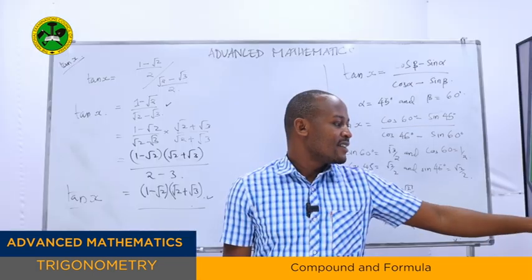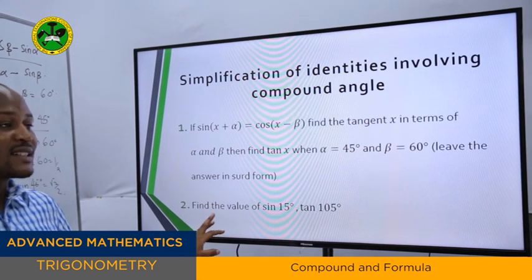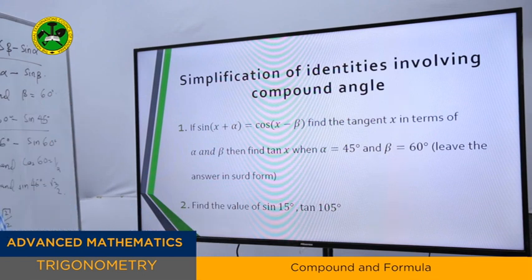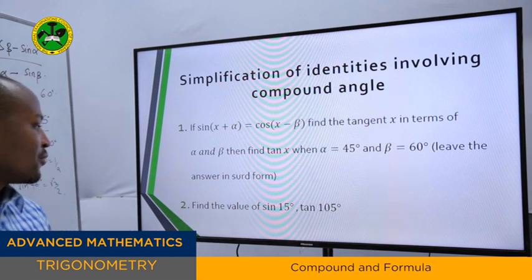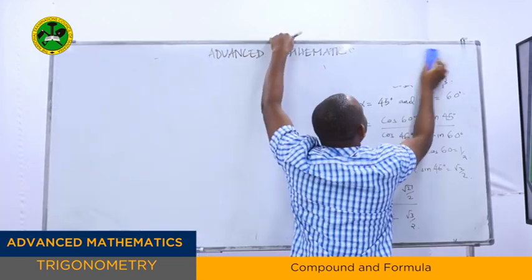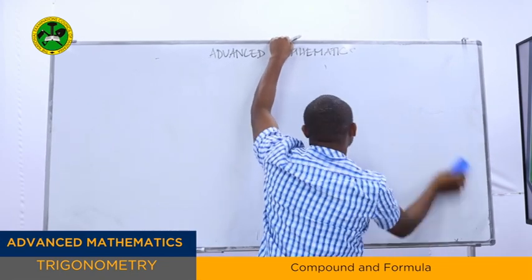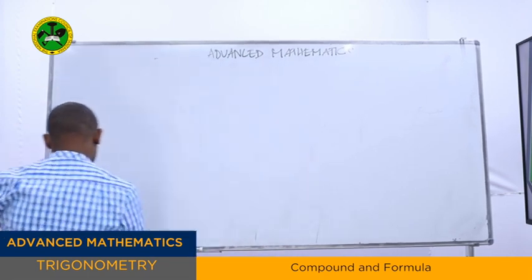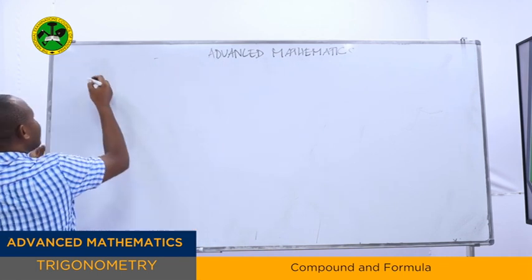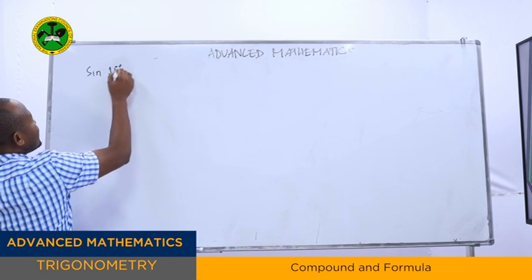As it says, find the value of sine 15, tan 105 degrees, and so forth. Let's try to solve a few of those. So we have sine 15 degrees.